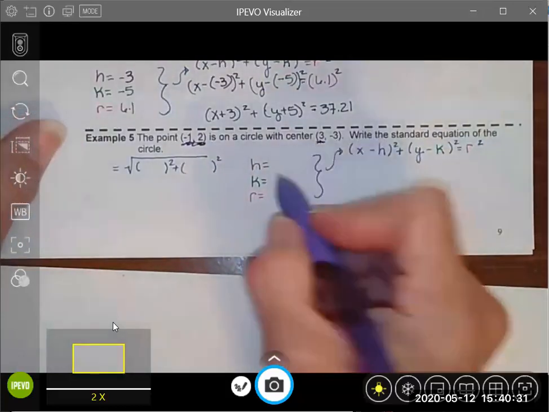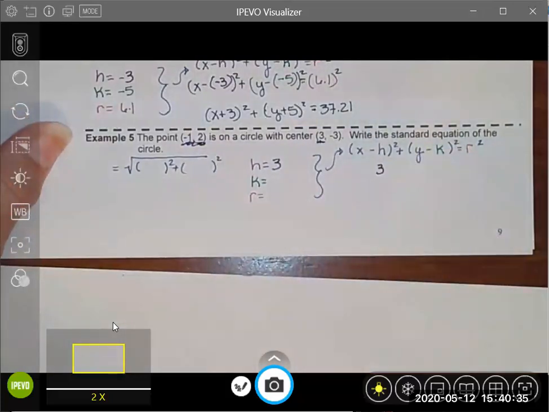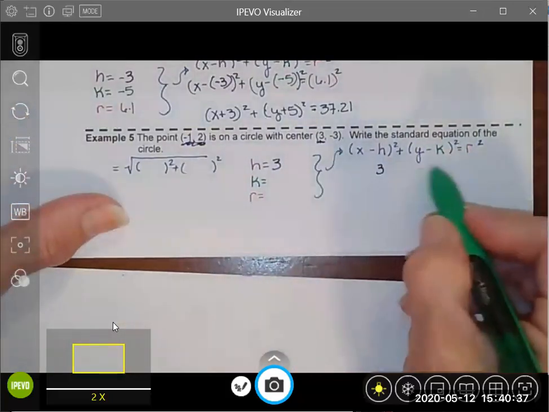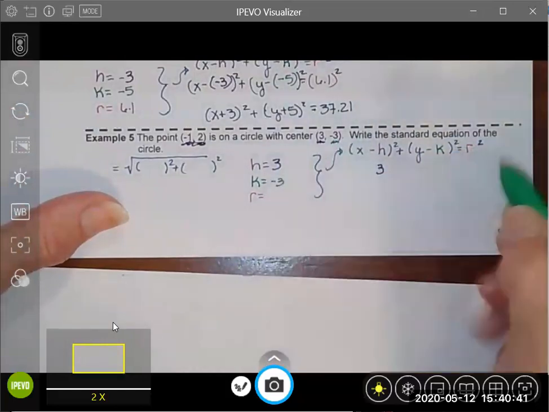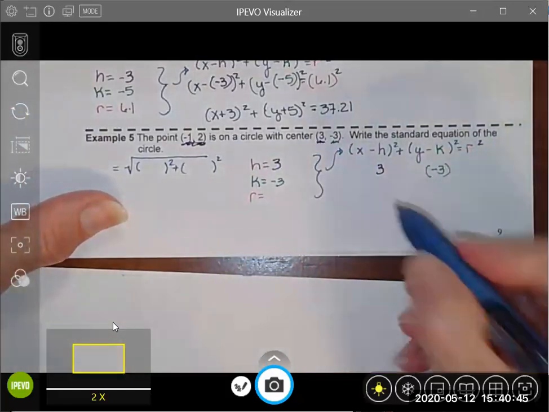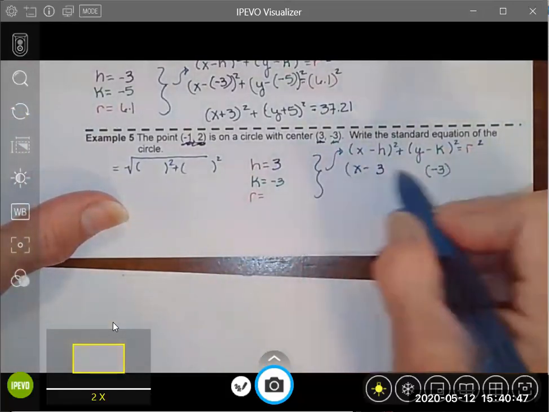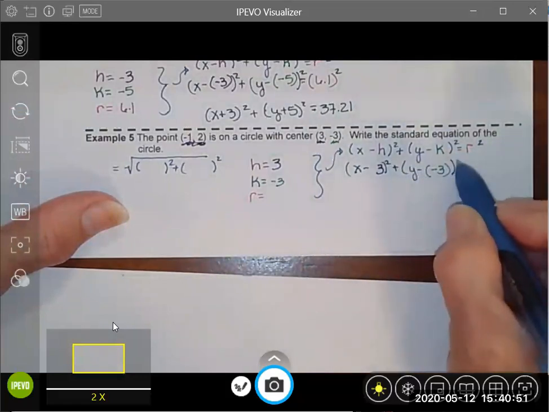Therefore, I use the x coordinate. It's a 3. My k value follows the y, therefore I use the y coordinate, which is -3. I'm going to protect him because he's negative. And I can go ahead and fill in the rest of my equation here.